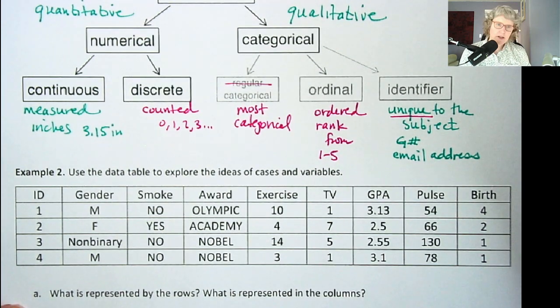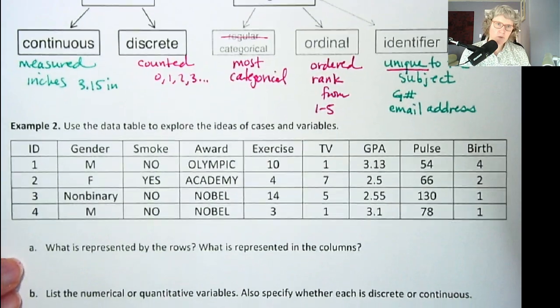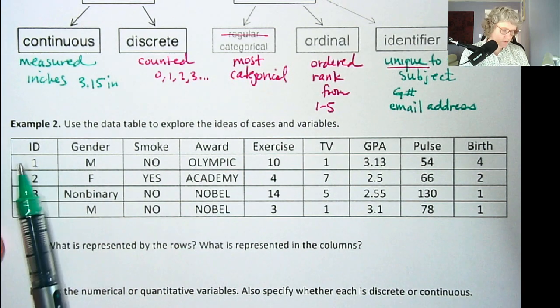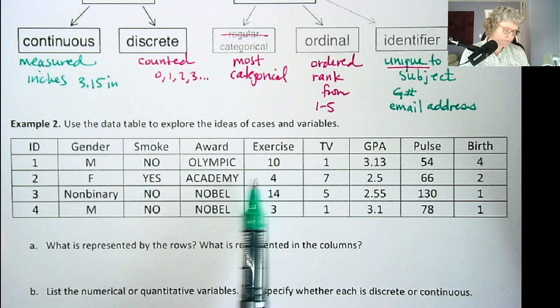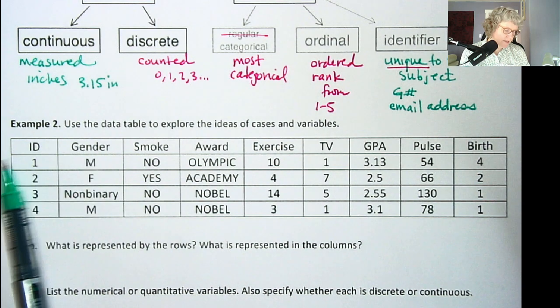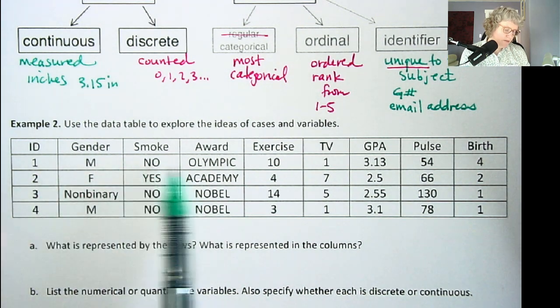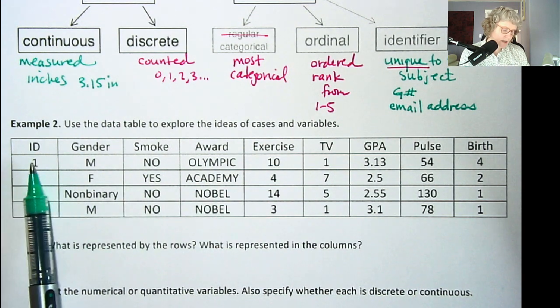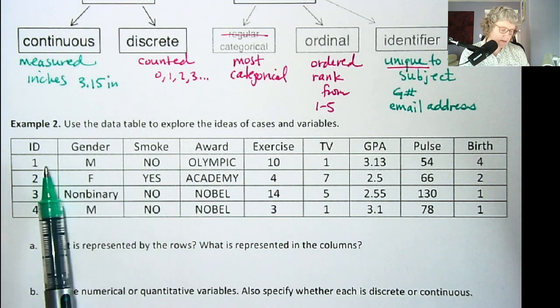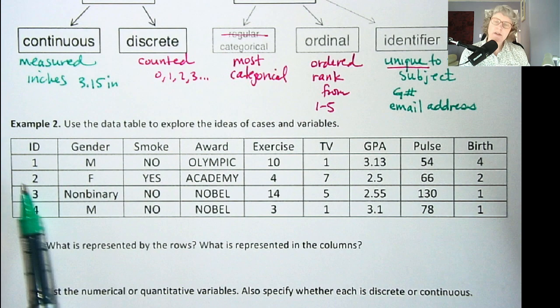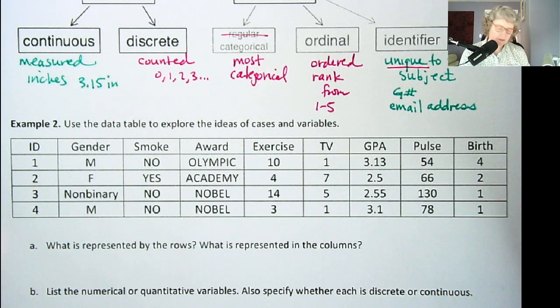So A here is what is represented by the rows. Okay, so let's look at the rows. Rows go across. I see ID, and then, so we've got 1, 2, 3, 4, and then we've got a bunch of pieces of information, right? So usually in a data table, each row is one subject or case.